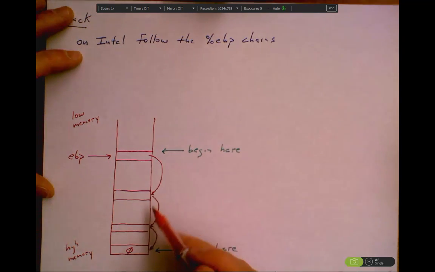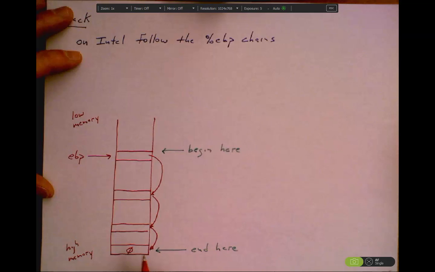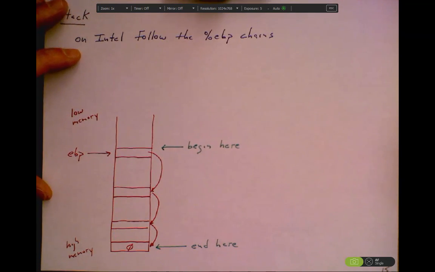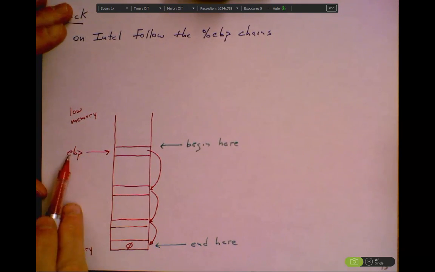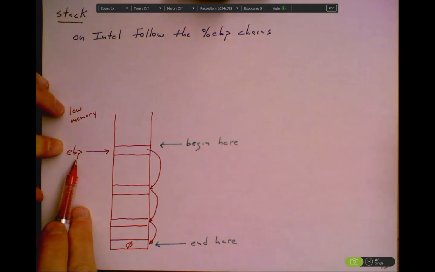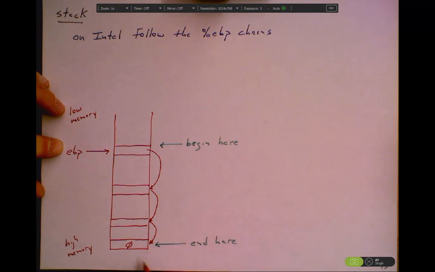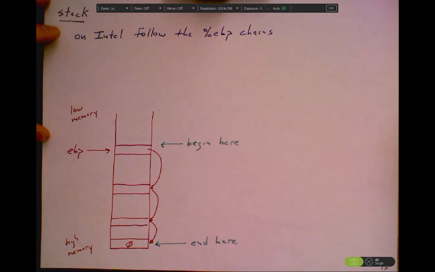There's a chain here, or linked list if you will, all the way back until we get to a frame where the saved frame pointer actually is 0. So we can use the initial frame pointer as one delimiter for the stack area that we need to scan for pointers, and then we can use this null word as the end of the area that we need to scan on the stack for pointers.